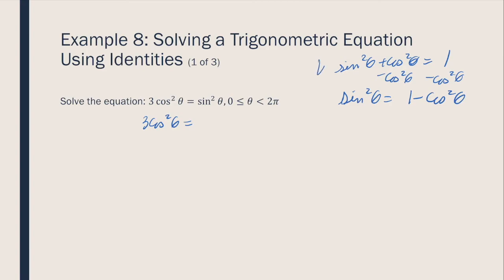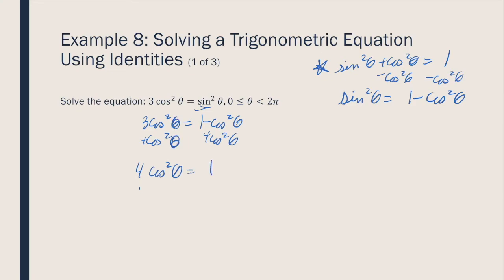This is one of our Pythagorean identities. So I'm going to substitute, instead of sine squared, I'm going to take 1 minus cosine squared theta. If I add cosine squared to both sides, I get 4 cosine squared theta equals 1.